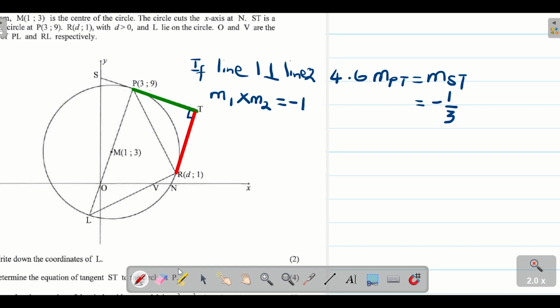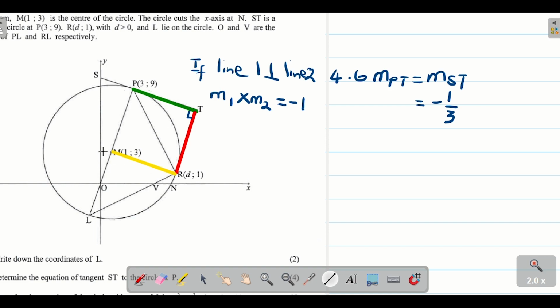But now I want you to remember what we said about the radius. Remember what we said about the line that goes from the center of the circle to the tangent. So they said RT is the tangent, meaning then that RT is perpendicular to the radius.